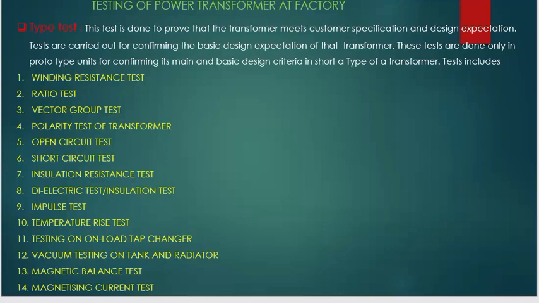This test includes winding resistance test, ratio test, vector group test, polarity test, open circuit test, short circuit test, insulation resistance test, dielectric test or insulation test, impulse test, temperature rise test, testing on on-load tap changer, vacuum testing on tank and radiator, magnetic balance test, and magnetizing current test.